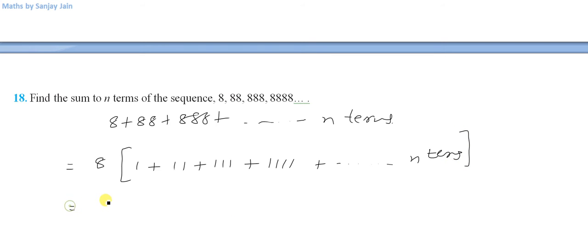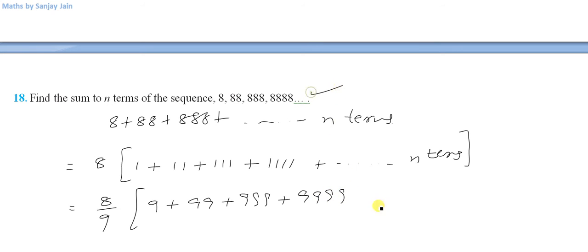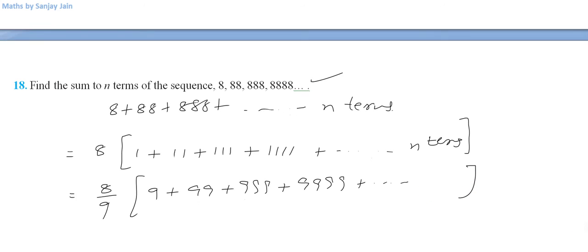And then I'll multiply and divide it with 9. This is what we need to follow in all such questions. Why? Because the given sequence is not a GP. So we are trying to convert it into a GP.